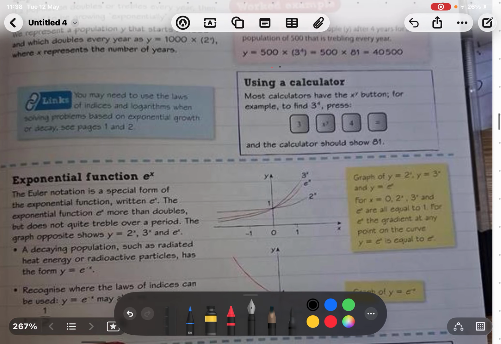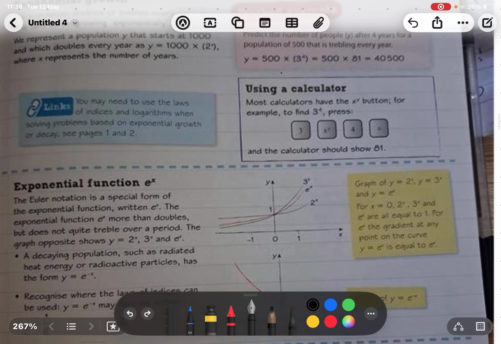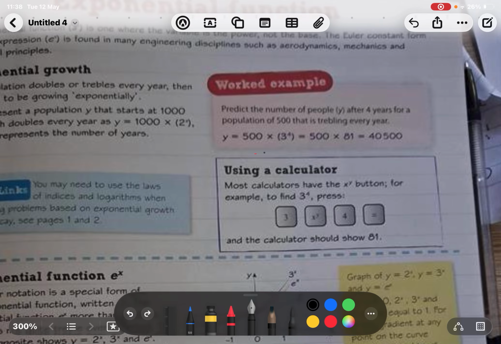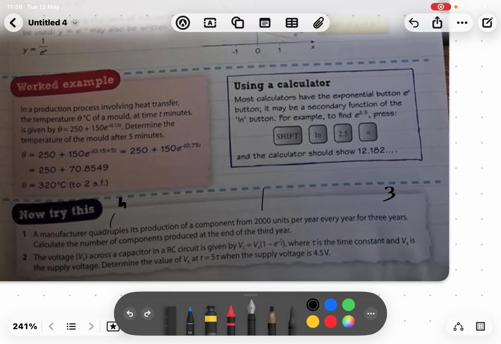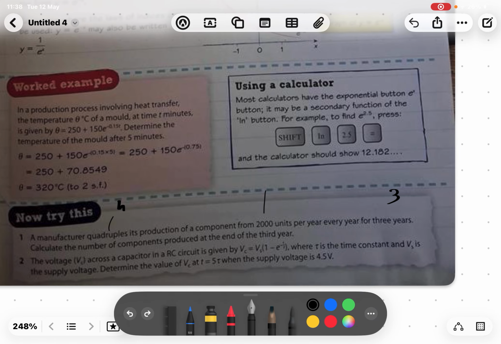So remember what we did, where is it? How many years and how much it's happening for.